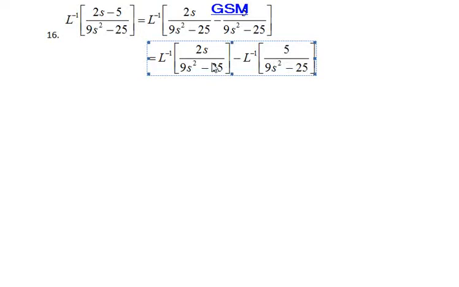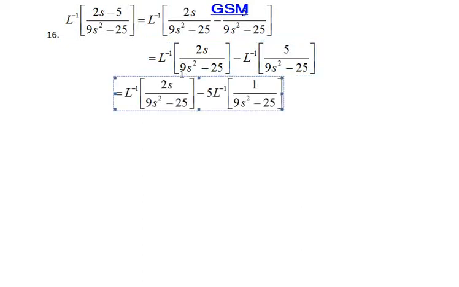Then to apply the inverse formula, we have to bring the format of s by s square minus a squared. Here 2 is extra, and in the denominator 9s squared, 9 is extra. So we have to take out the 9 first from the denominator.